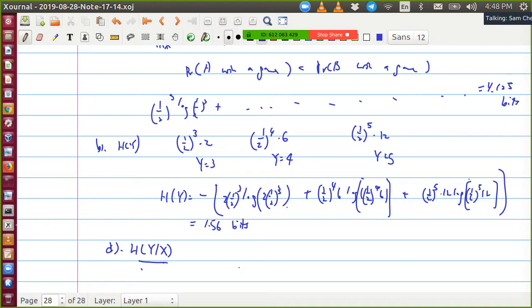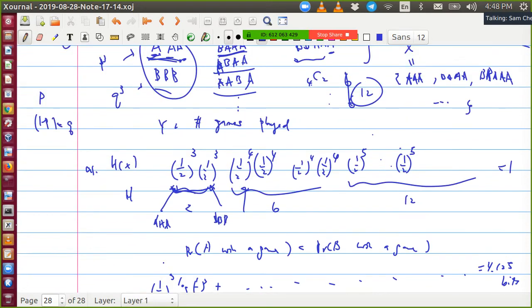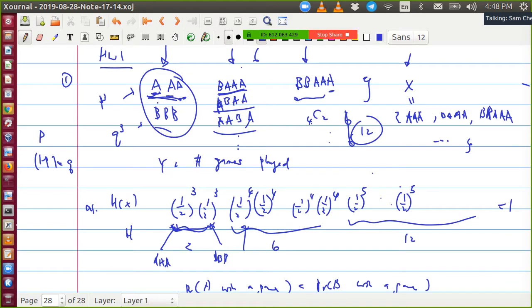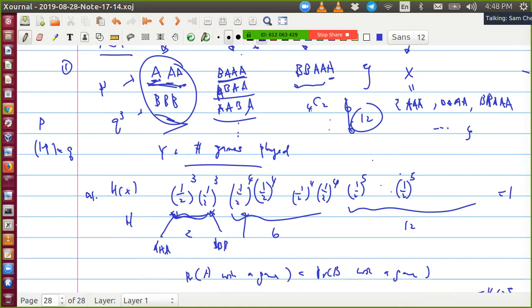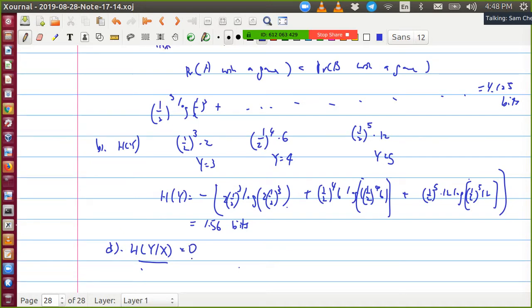You don't even need to get into the equation, right? Because think of what X is and what Y is here. X is the outcome of the tournament, whether it's AAA, BBB, or BAAA, and so on. And Y is basically the length of that tournament, the number of games. So knowing X, of course, you will know Y. Given X, Y is deterministic. So therefore HY given X is simply equal to 0.